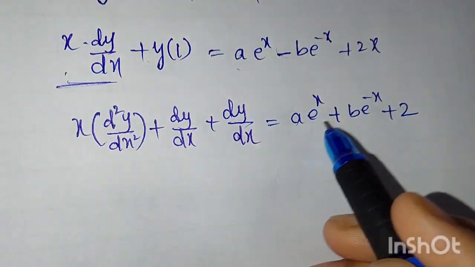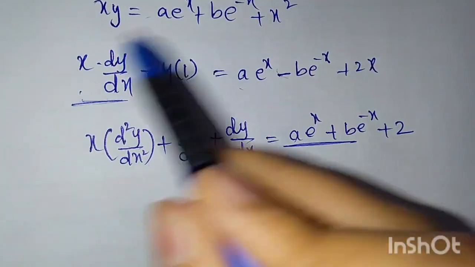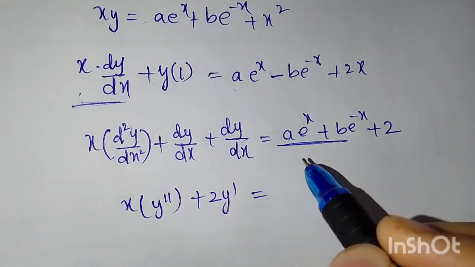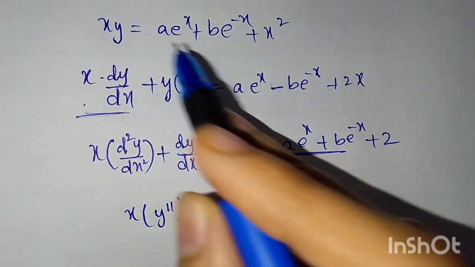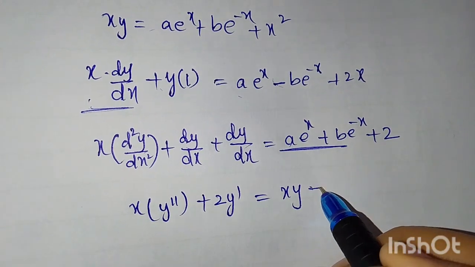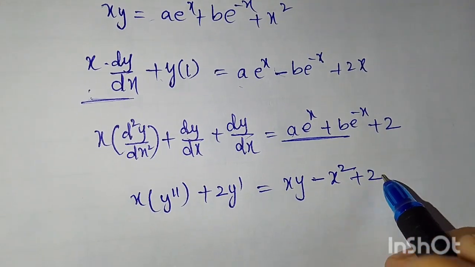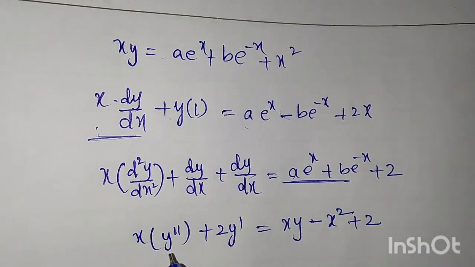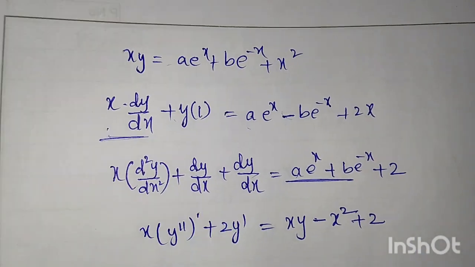So clear, this is nothing but xy minus x square. So it's done. So this is your required differential equation of order 2, degree 1.